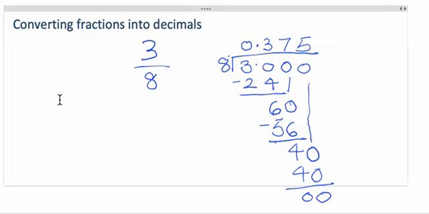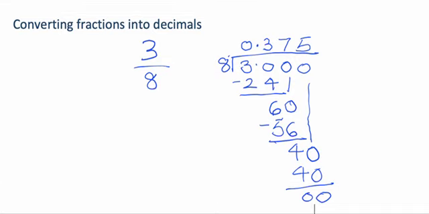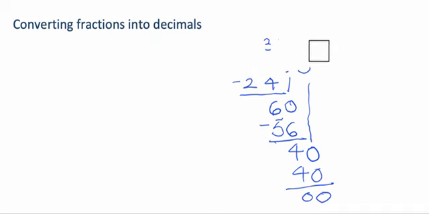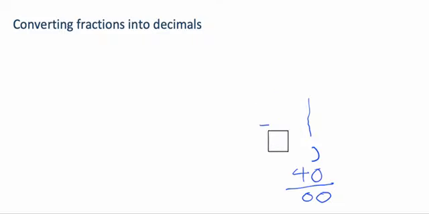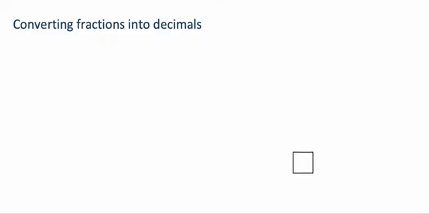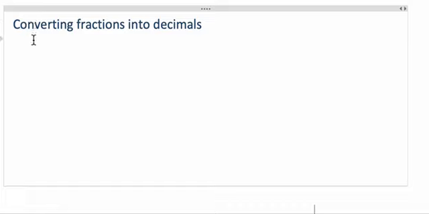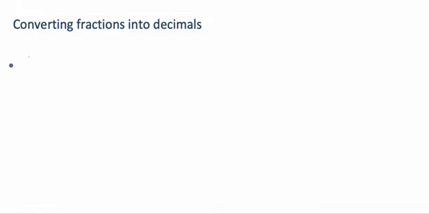Now what I would like you to do is to give me a chance to get rid of all of these. I want you to have a go. And as usual, if you put it on pause, after you see the fractions, give it a go at converting them into decimals.